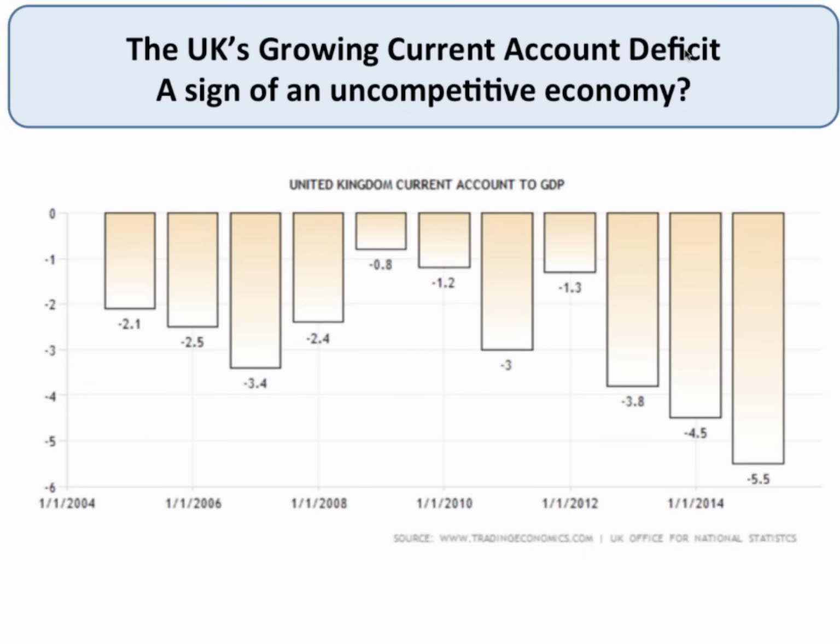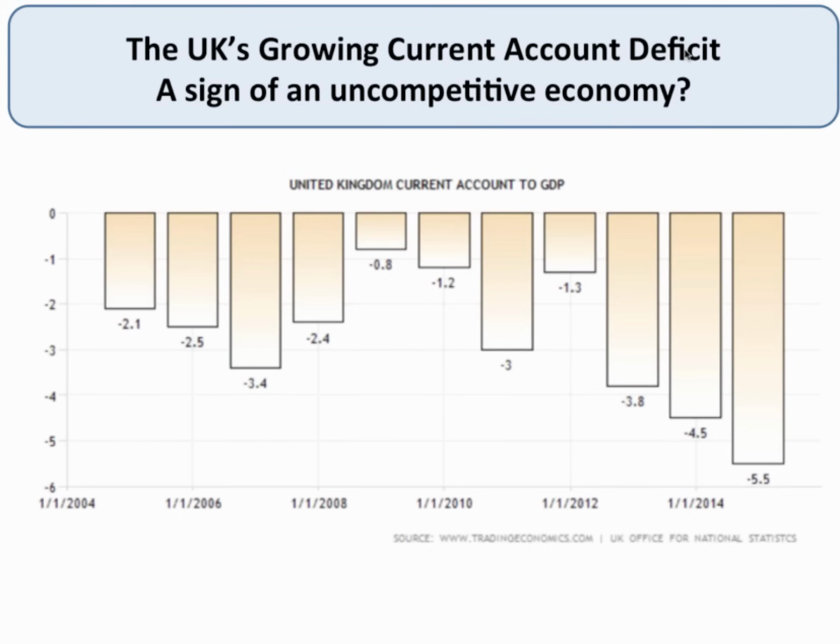Now, one of the current topics at the moment, which I think could be a serious contender for an exam question, is related to this chart. It shows what's happened to the UK's current account position on the balance of payments over the last 10 years.